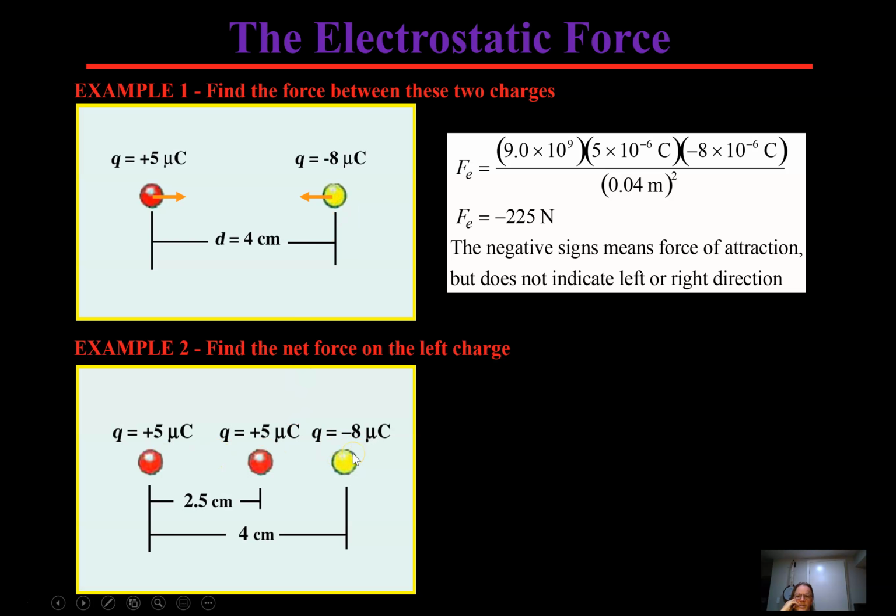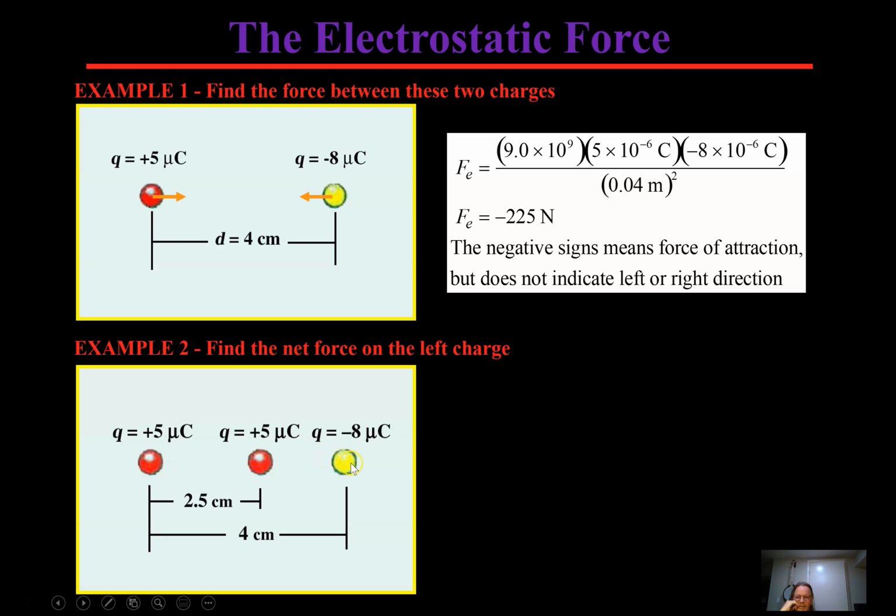We already know the force on this left one is attractive this way, negative 225. Now we have to do this whole thing again for these two. Sorry, not for those two, for these two, because we already did the orange one.